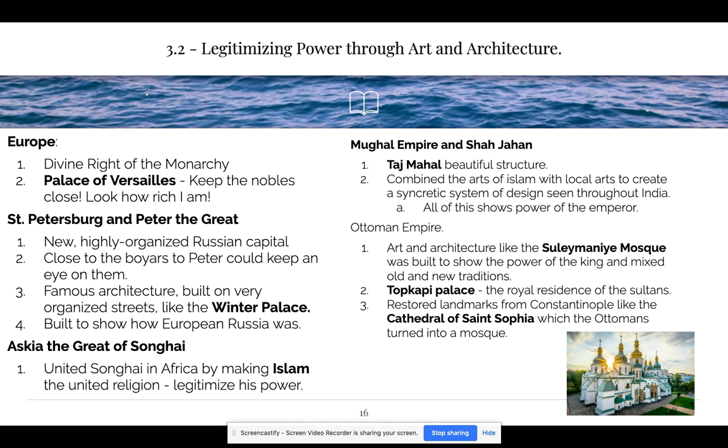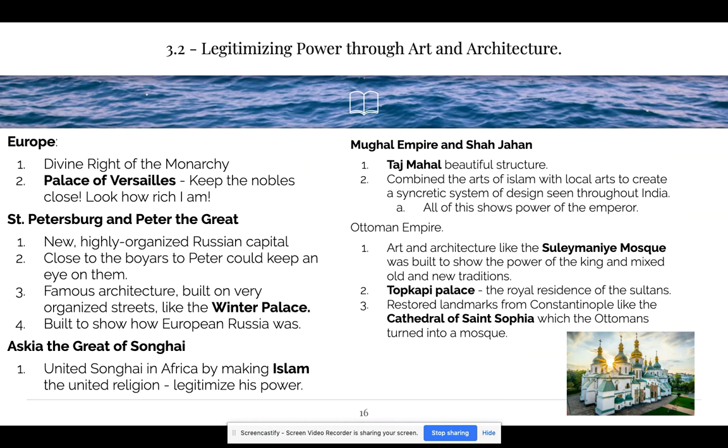We oftentimes see that art of one religion was combined with local arts to make a syncretic community and culture. So in the Mughal Empire, we see lots of buildings where the art of Islam is combined with local art, and it creates a syncretic system. And those structures still exist today. And of course, they all show the power of the emperor.